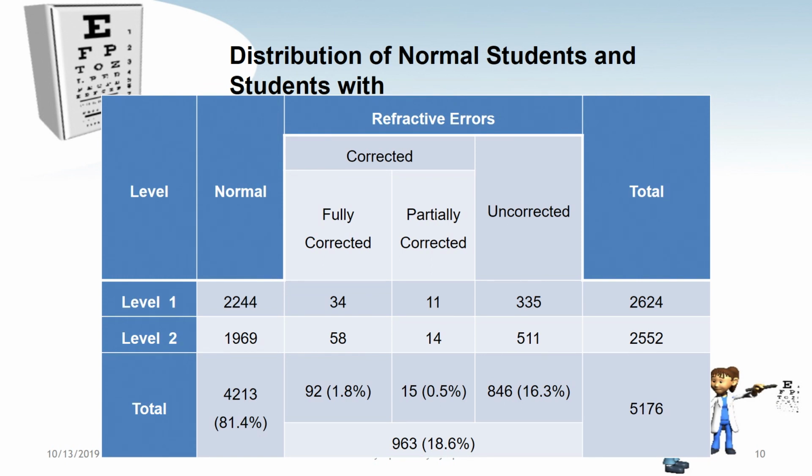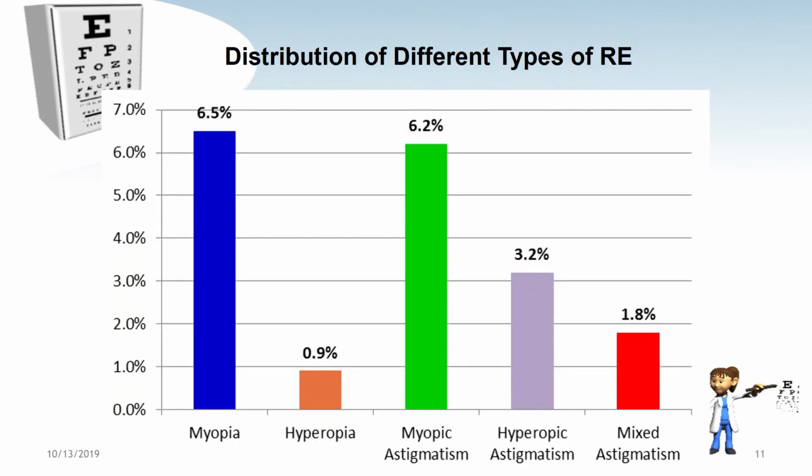So overall, the percentage was 18.6. Here it shows the distribution of refractive errors. As you have seen, myopia and myopic astigmatism were the most prevalent refractive errors in our sample. The myopia shows 6.5%.